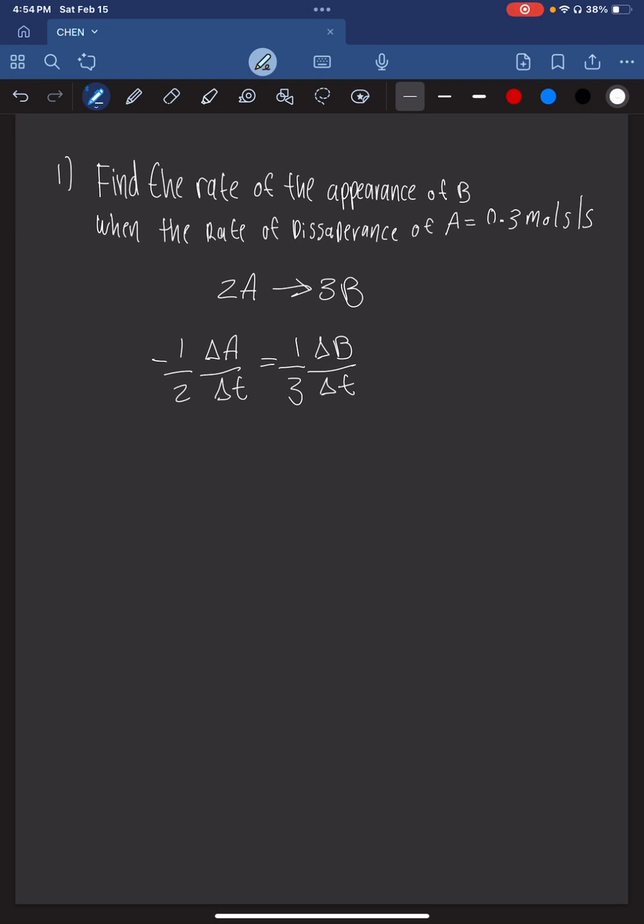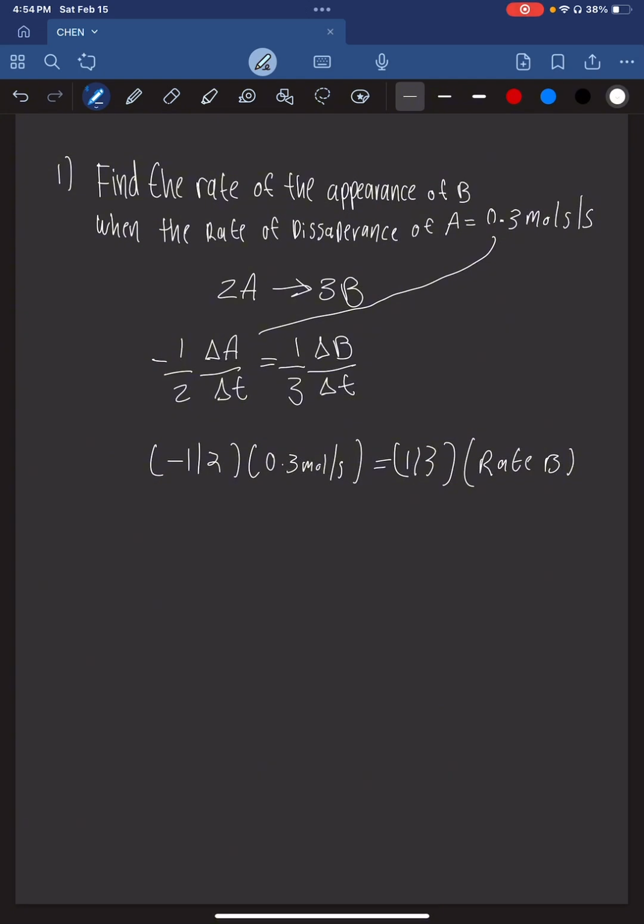Now, remember here, we already have our rate for A, which is 0.3 moles per second. So we could just write it like this. Negative half of 0.3 moles per second is equal to 1/3 of the rate, and I like it better when it's written like this, because at the end of the day, we're solving for the rate of B.